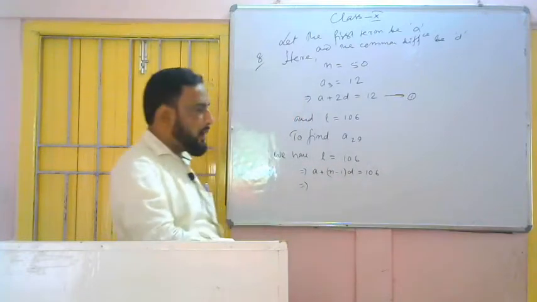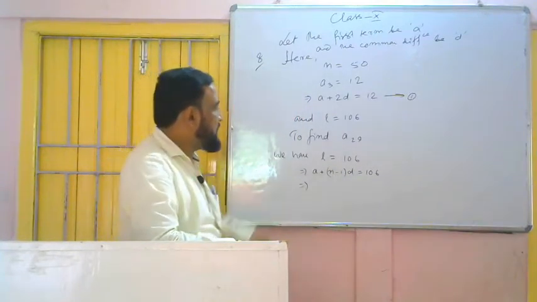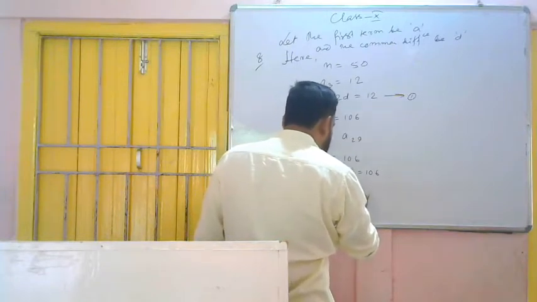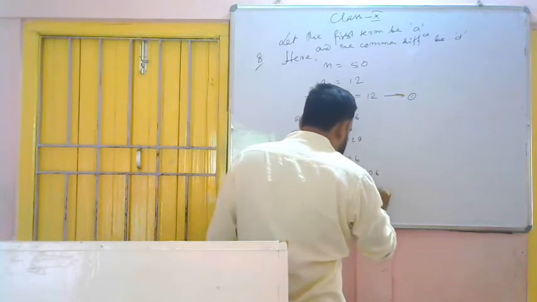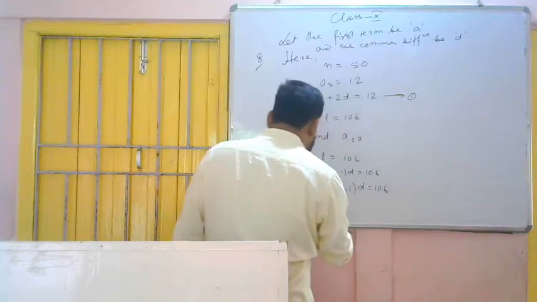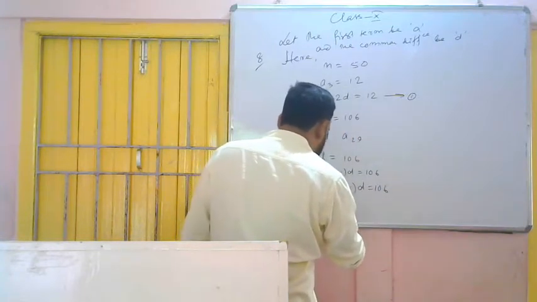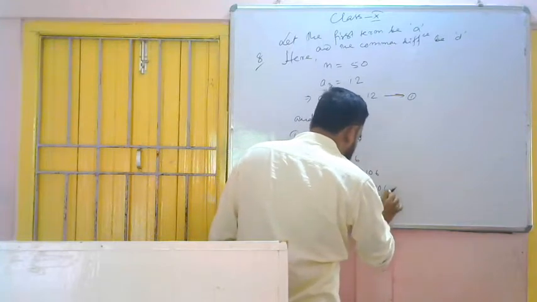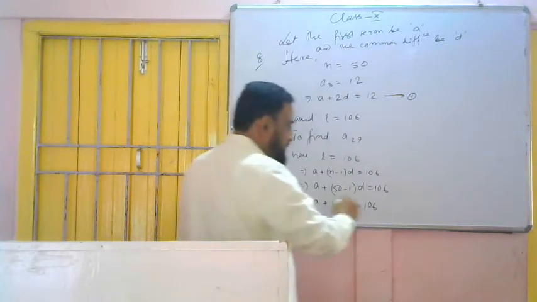Now the value of n is given, A plus 50 minus 1 D is equal to 106, implies A plus 49D is equal to 106. Okay, this is equation number 2.